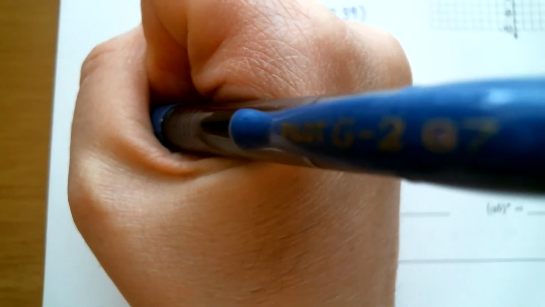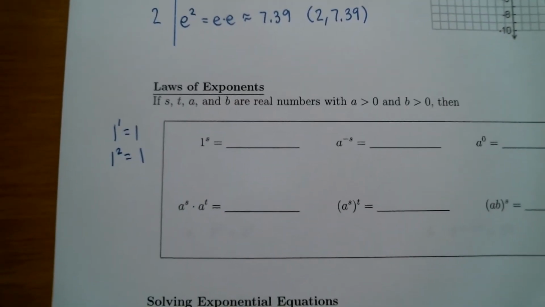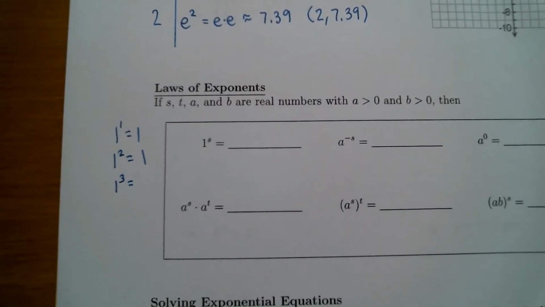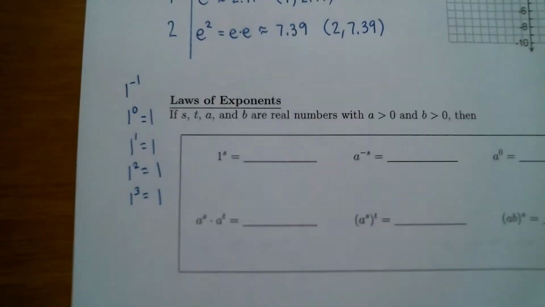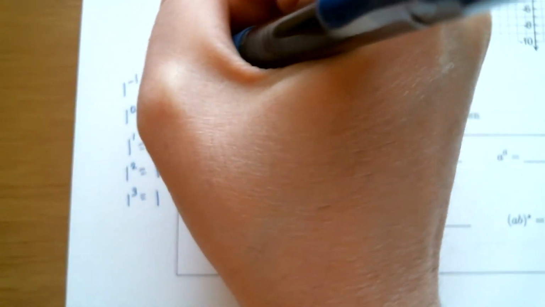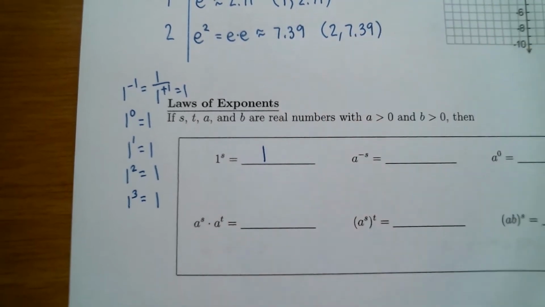So if I go out to the side, you think about it, 1 to the first power is 1. 1 squared is 1 times 1, it's 1. 1 cubed, 1 times 1 times 1 is 1. Even if you did 0, 1 to the 0 power is going to be 1. Even a negative power, that just means 1 over the something, change the sign. You're still going to get 1. 1 to any power is 1.